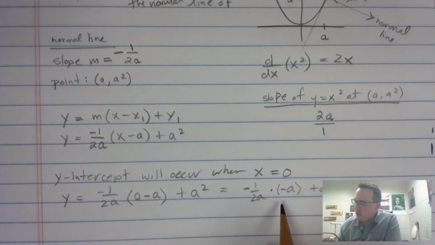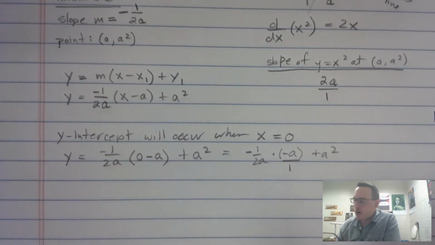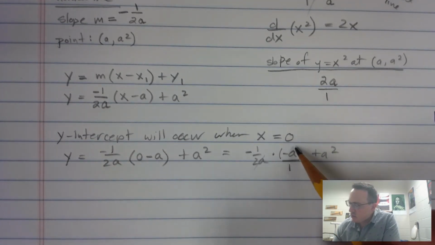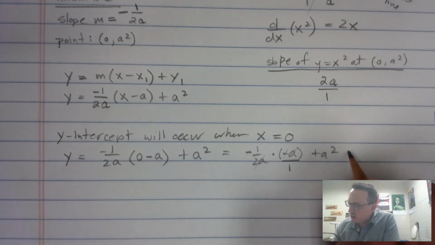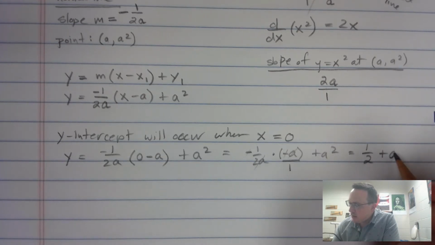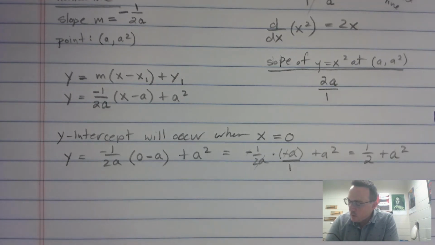Well, when we multiply these two fractions together, we think of negative a as having a denominator of 1. When we multiply the fractions together, the a's are going to cancel, and so are the negatives. So this ends up being positive 1/2 plus a squared. Notice that that doesn't have any x's in it anymore.